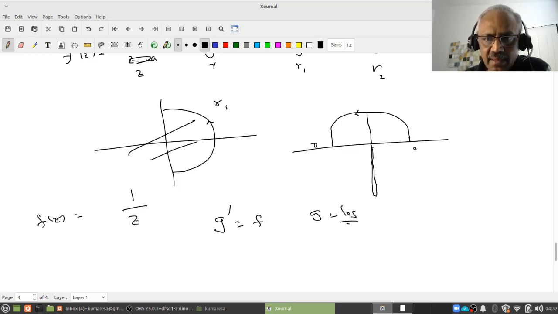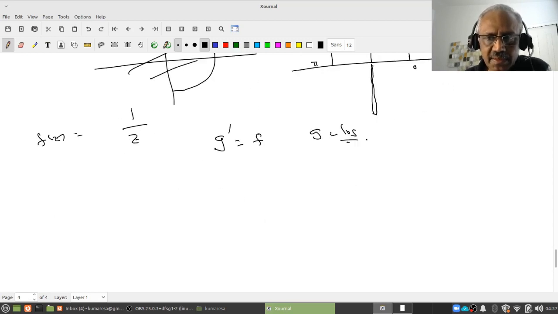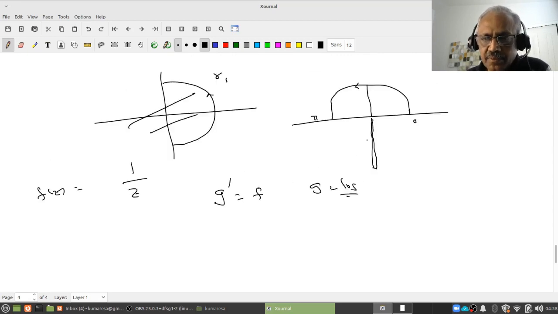For example, I can define the argument from 0 to pi. Do you understand this? Yeah, therefore I can define 0 to pi. Are you following? Yes or no? I am just omitting this, therefore if I want I can say minus pi by 2 to 3 pi by 2.